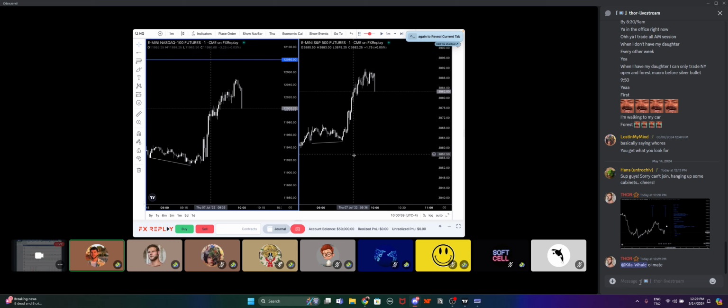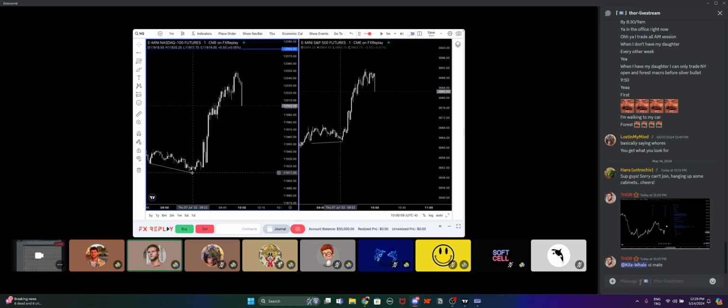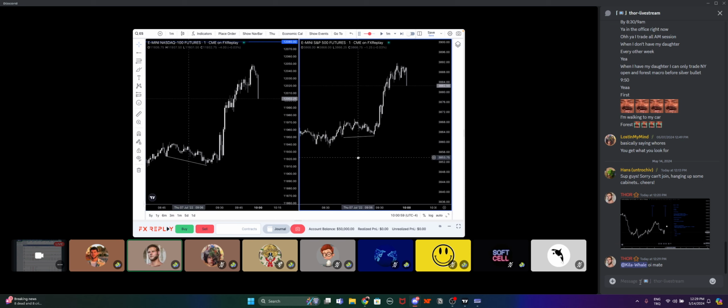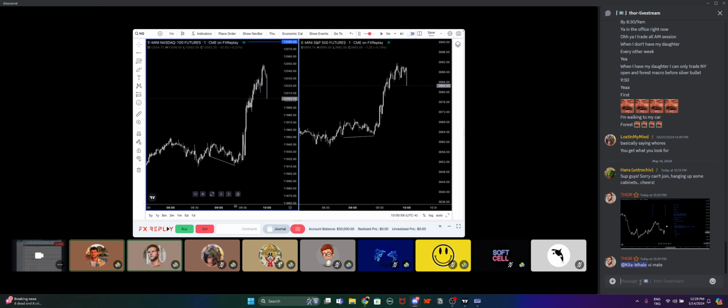I would say if this comes down to discount from SMT to the range high, that might be a long. Depends on the reaction though. So all those breakaway gaps could actually be a trade.